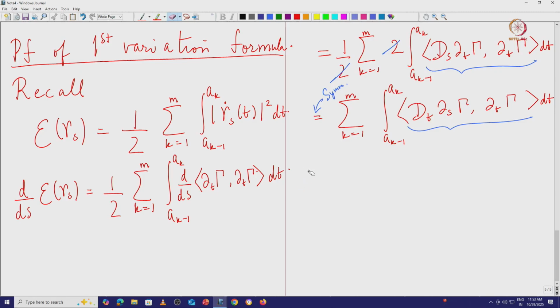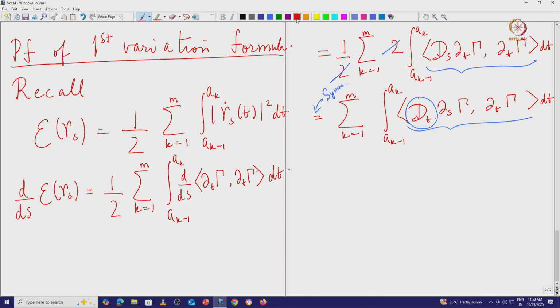So the idea is I want to take the time derivative. Let me correct this. Right. So this is D_t ∂_s gamma. So the point is I want to take this time derivative and move it outside the inner product sign, right.